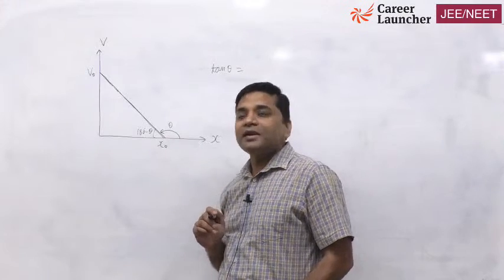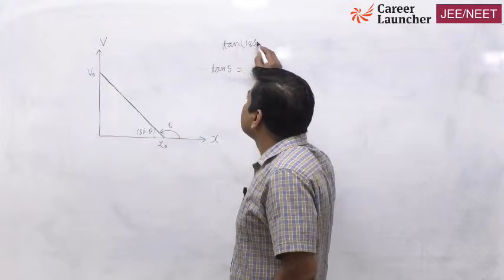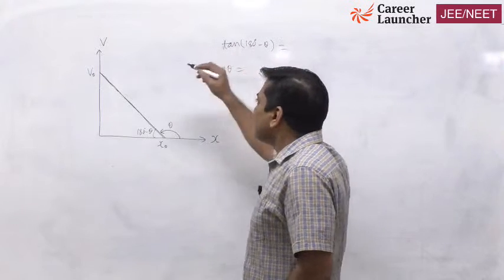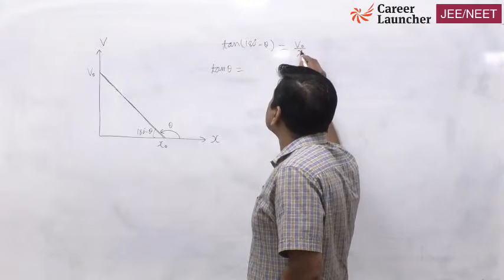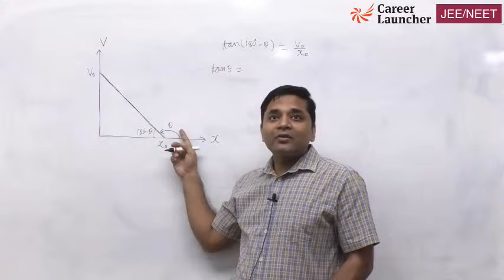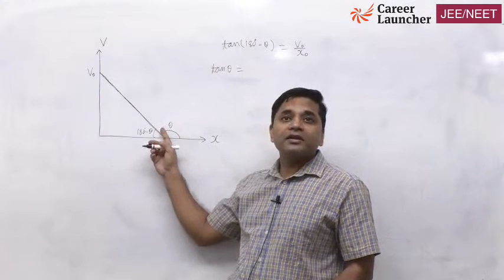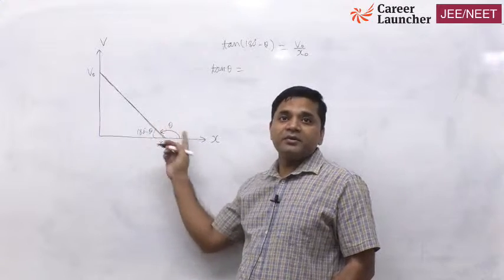So will it be minus V naught by x naught? Here tan of 180 degrees minus theta equals V naught by x naught. So actually the slope is tan theta, not tan of 180 minus theta. The slope is tan theta because it must be taken in the anti-clockwise direction from the x-axis. You can have a look.